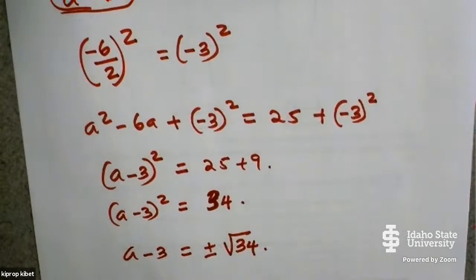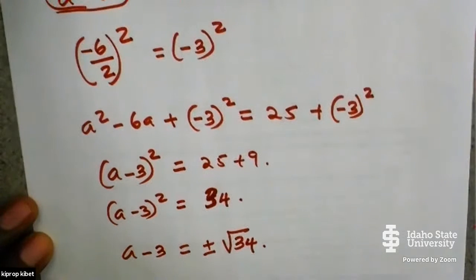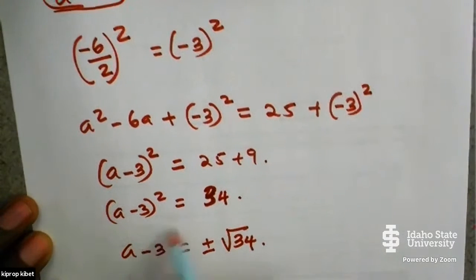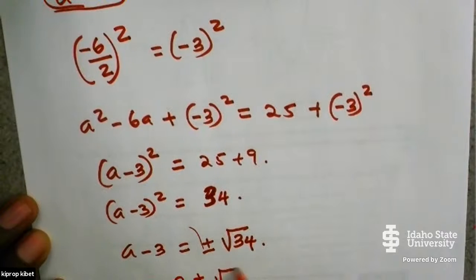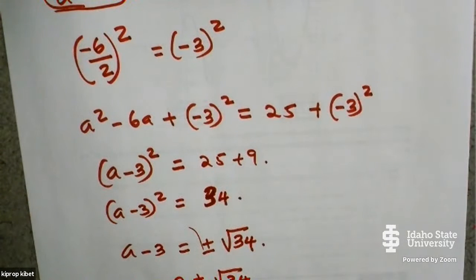So what is our a? We take 3 to the other side, so a equals 3 plus or minus the square root of 34. You write 3 plus this, comma, 3 minus this.